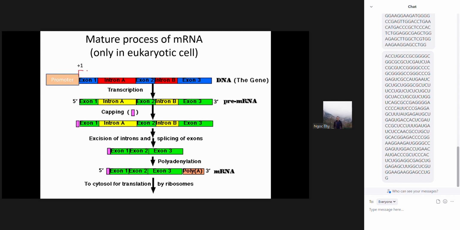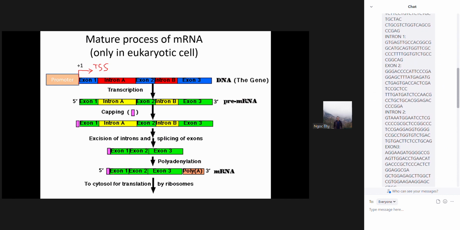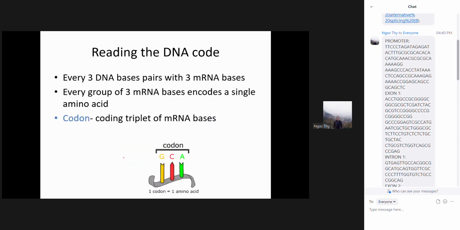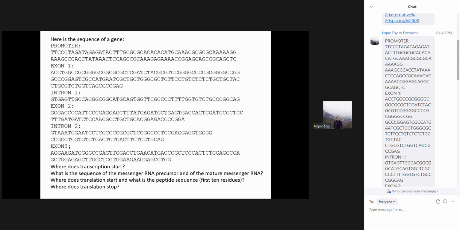So the transcription starts at position +1, the transcription starting site. So the transcription starts in exon 1, at this position. This is position +1, or the transcription starting site.